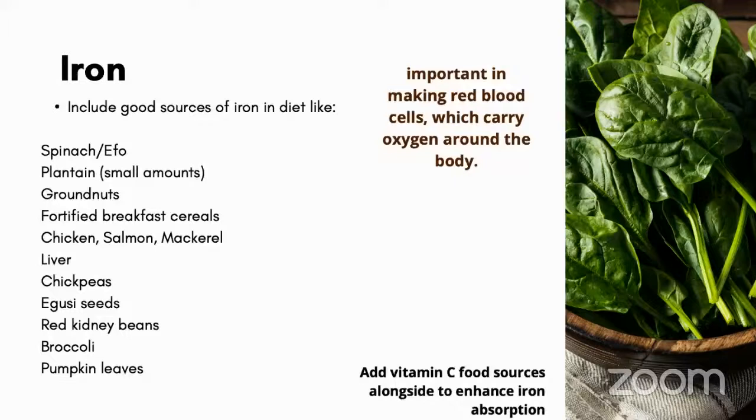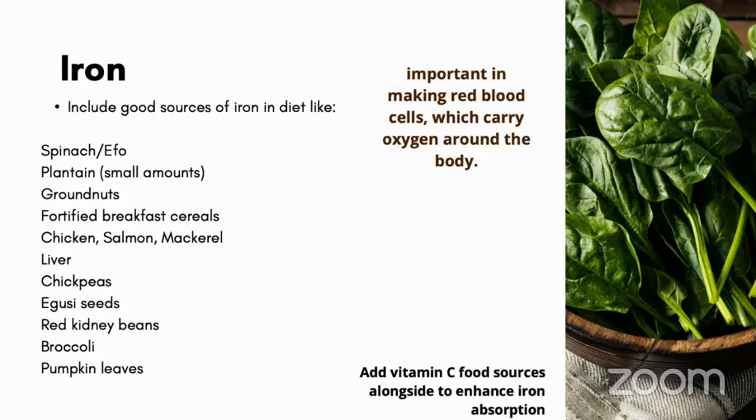And just a quick tip, if you are incorporating iron food sources in your diet, it's really important that you also include vitamin C food sources alongside this, because this can actually help to enhance iron absorption. Some examples of foods that contain vitamin C are your citrus fruits, like oranges, lemon, lime, strawberries, blueberries.